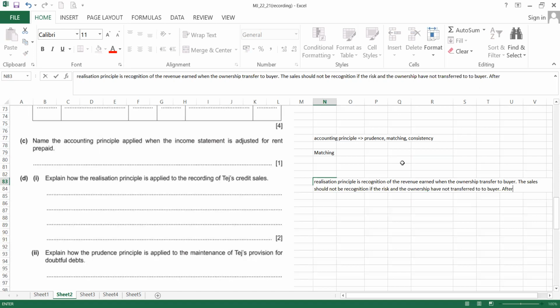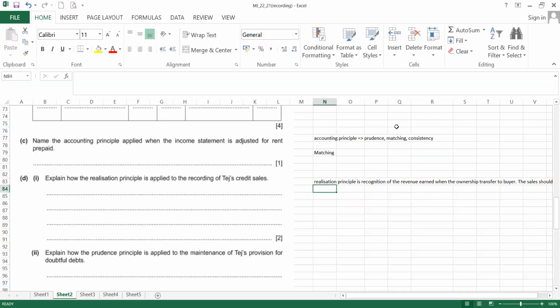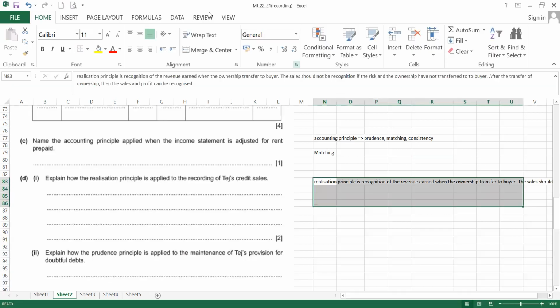After the transfer of ownership, then the sales and profit can be recognized. So this is the answer that we can put.